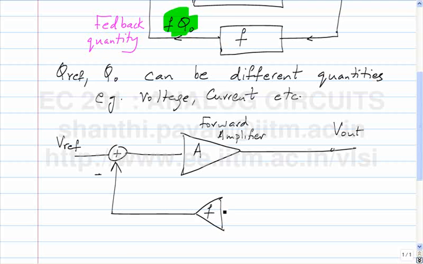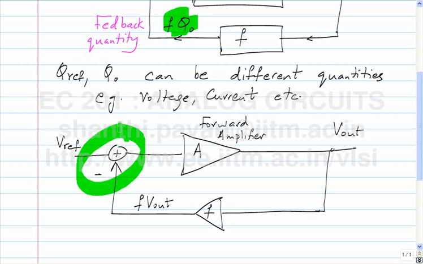A portion of the output voltage is fed back, so that this fed back voltage is F times V out. So the fed back quantity is compared with the reference quantity, and we know that comparison basically means subtraction. So we have to have some way of subtracting F times V out from Vref. The error voltage is that which remains after the subtraction, and that goes and excites the forward amplifier.